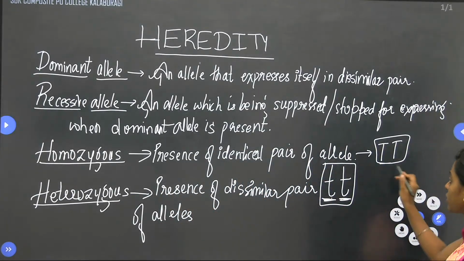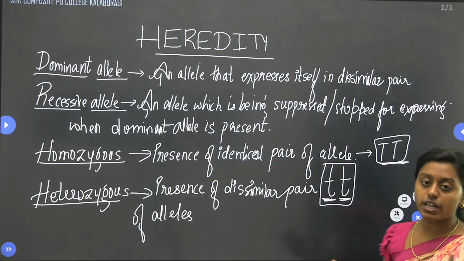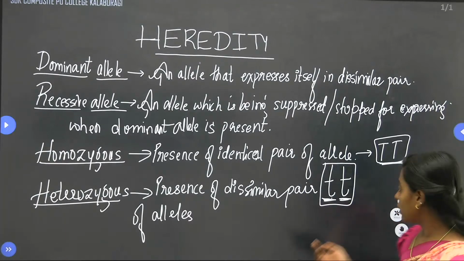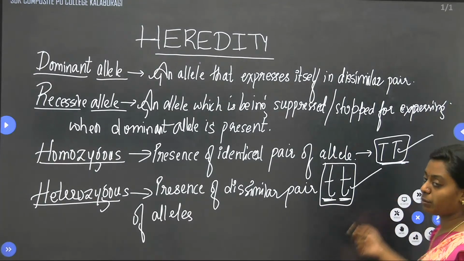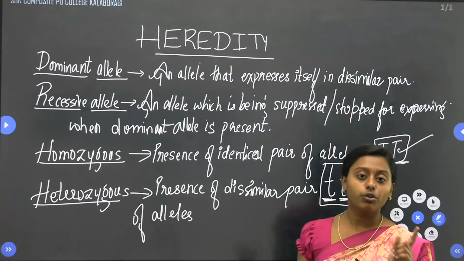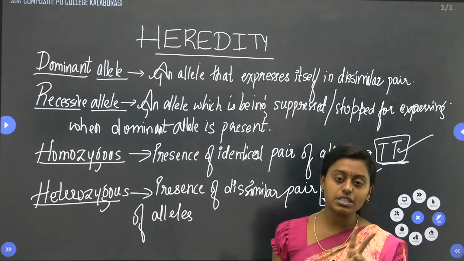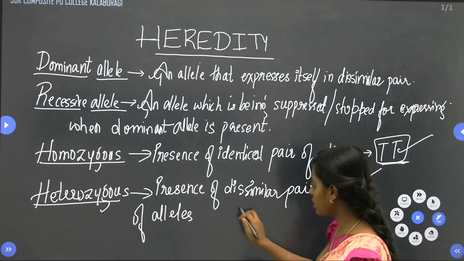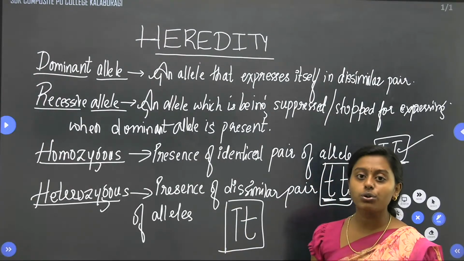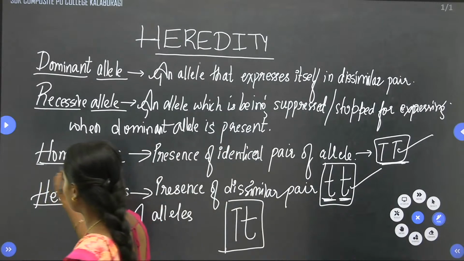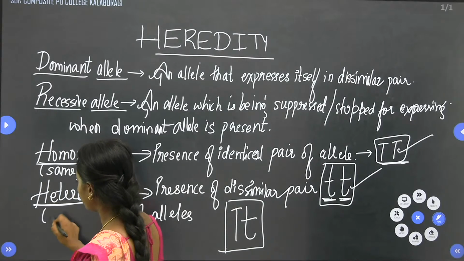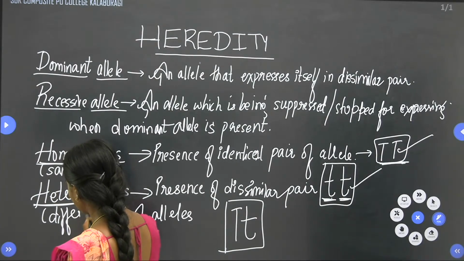In case of homozygous, the two alleles present for a particular gene or character are both the same. Either both can be dominant or both can be recessive. But in case of the heterozygous condition, for one gene, the two alleles are different. That is capital T, small t. This condition is heterozygous. Here the word homo refers to same, whereas the word hetero refers to different.